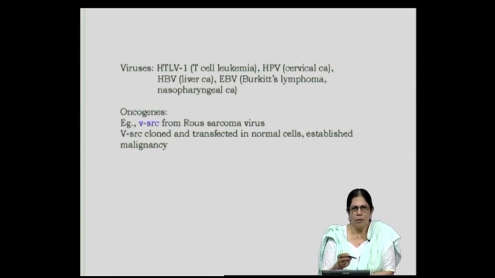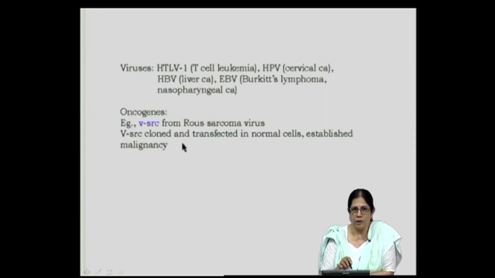Now, how are viruses associated with cancers? Viruses are known to have oncogenes. Onco is the name for cancer, so genes which are associated with cancer. I will talk about this a little later, but for example, v-src from Rous sarcoma virus.